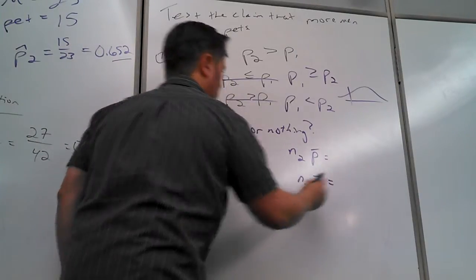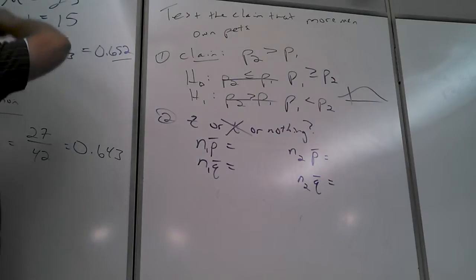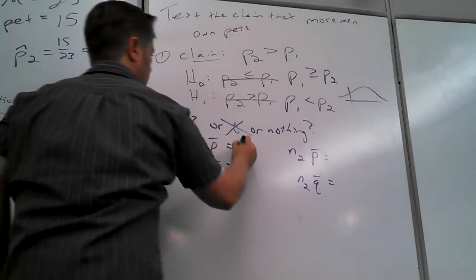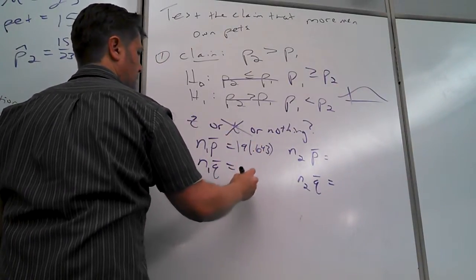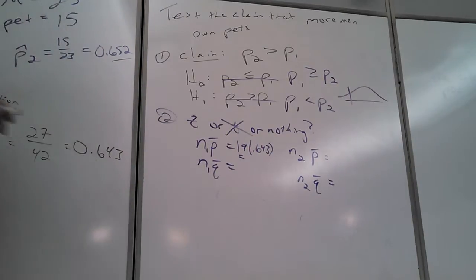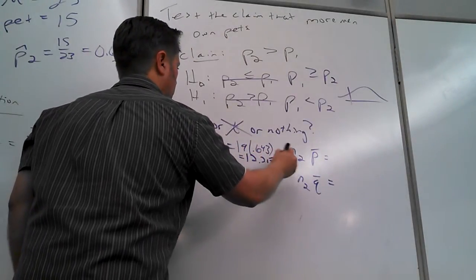We need all these to be bigger than 5. So p bar is 0.643. What's n1? What's my sample size here? 19. So 19 times 0.643. And what's that? 12.217. Beautiful. Bigger than 5.